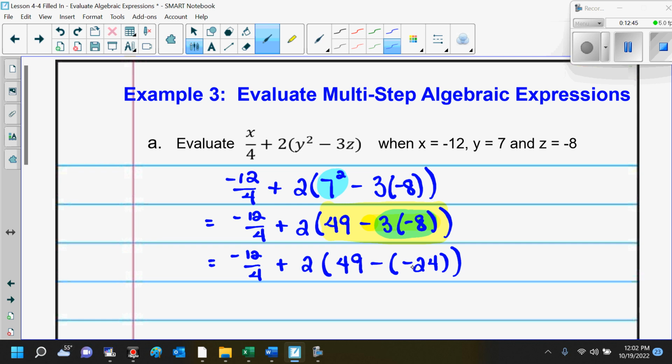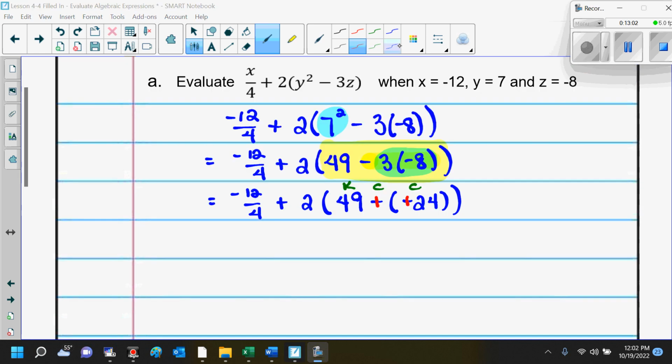What's happening there? That becomes a positive because we're going to keep, change, change. That's the next step, right? Keep, change, change. So now we have 49 plus 24. All right, so we've got negative 12 divided by 4 plus 2 times 73. Now, what comes next here?